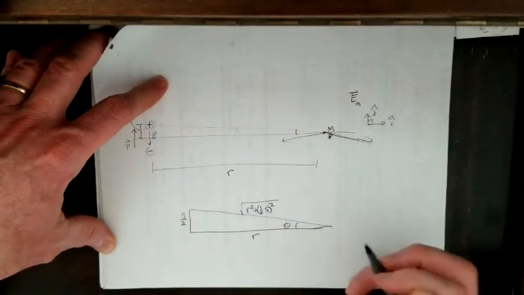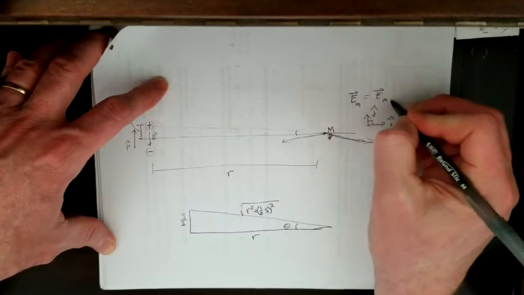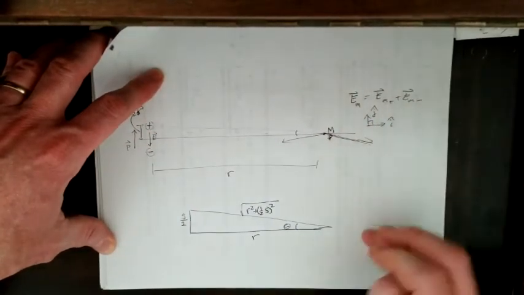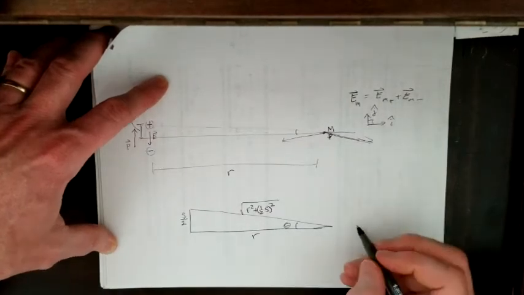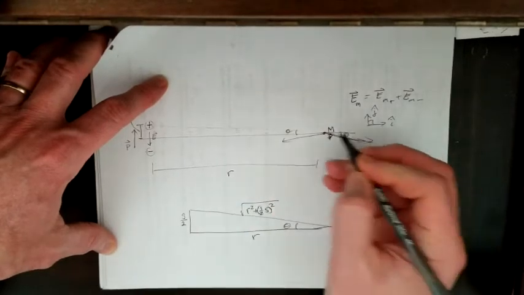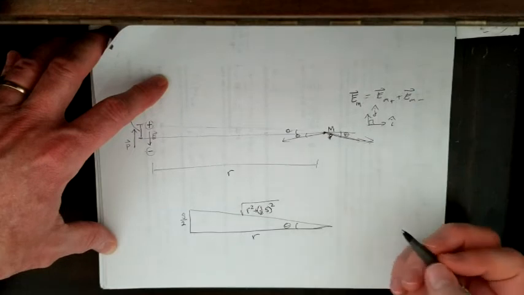So the total electric field should be the electric field at point M from the positive charge plus the electric field at point M from the negative charge. I have two electric fields, I add them together, but I add them like vectors. I know, given this angle right here is theta, this angle here is theta, and that angle there would be theta because of symmetry and geometry.